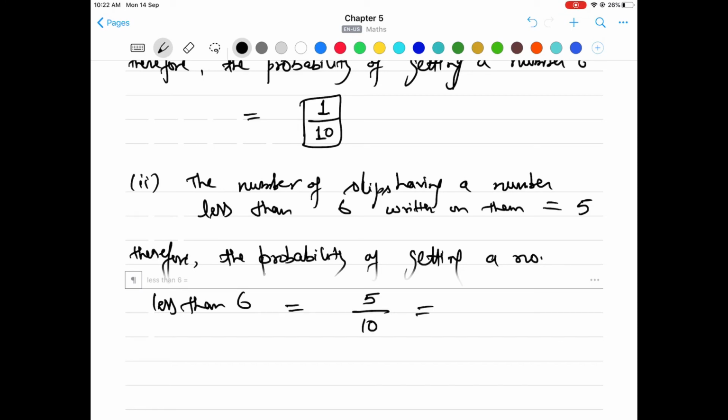So 5 by 10, when you divide them by 5, you will get 1 by 2. Okay, the answer for the second part is 1 by 2.